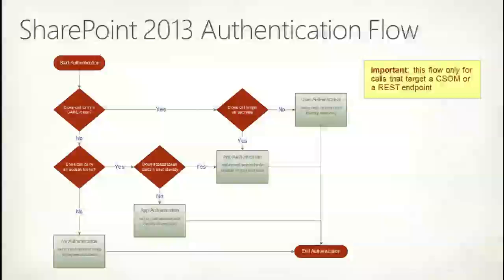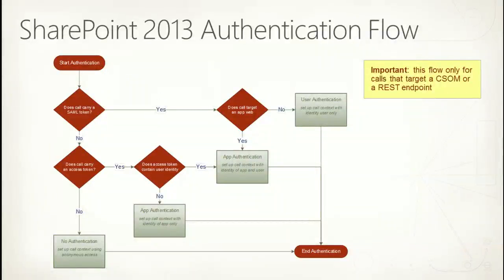Okay, now how about the incoming call doesn't have a SAML token, but it has an access token? So if it has an access token, SharePoint says, okay, well, I can basically look inside there and discover the app identity. The next question it asks is, does this access token, in addition to the app identity, also have user identity? If so, it sets up the call context with app identity and user identity. And then both the app and the user need permissions for that call to succeed.